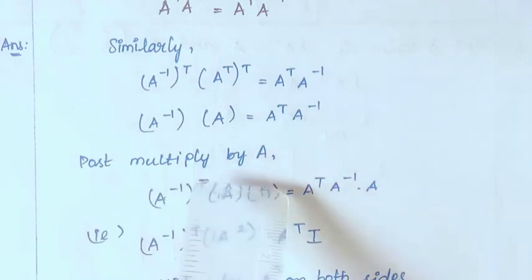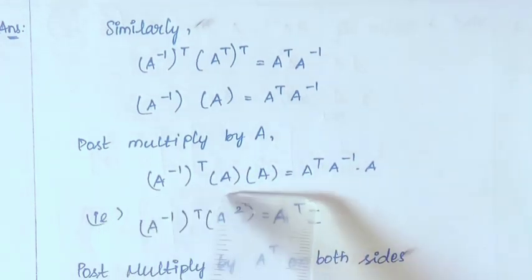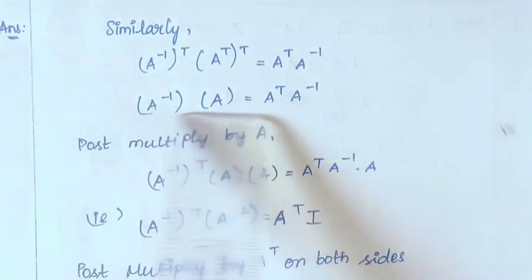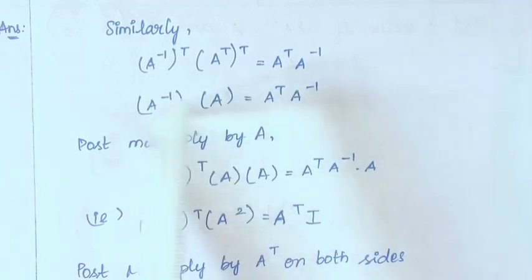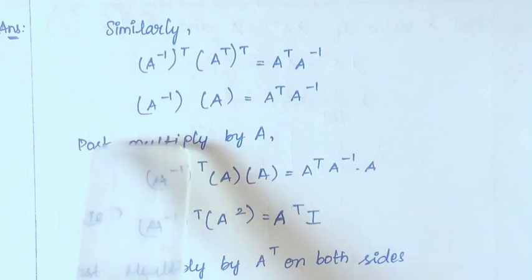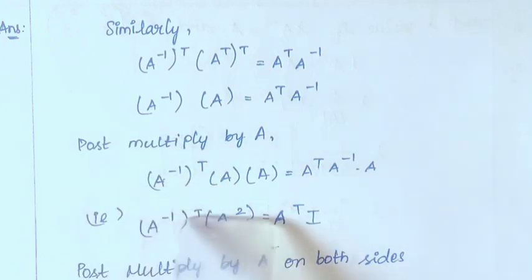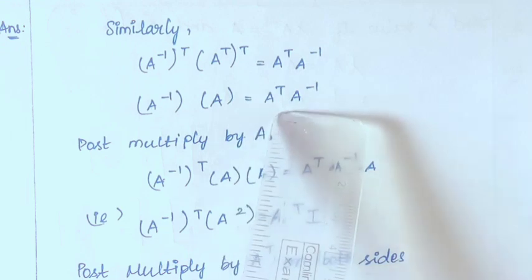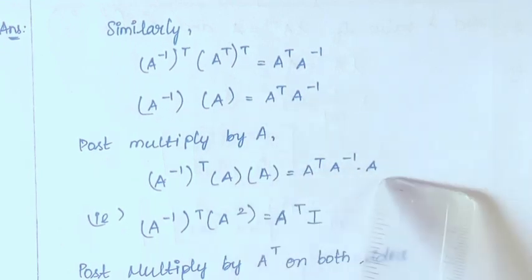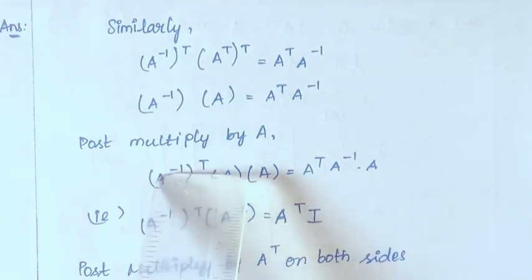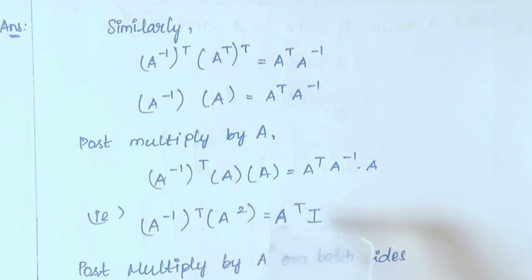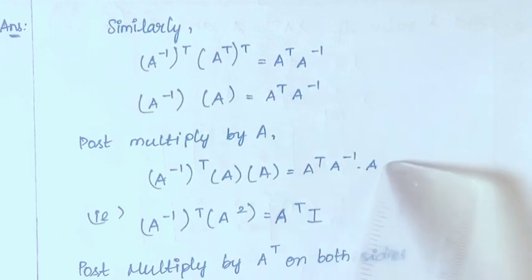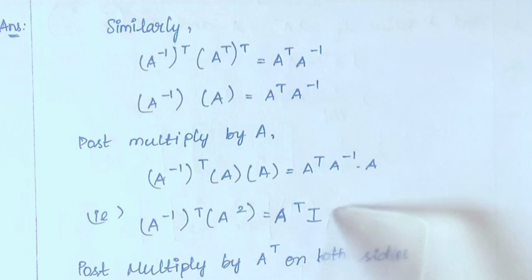Then post multiplying by A, you have to multiply this equation with A. So multiplying, (A^-1)^T A into A is equal to (A^T)^-1 into A. So what happens? (A^-1)^T A^2 = A^T, and if we multiply A^-1 and A, we get I.